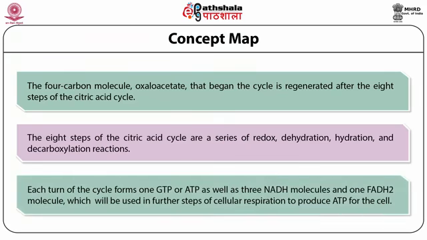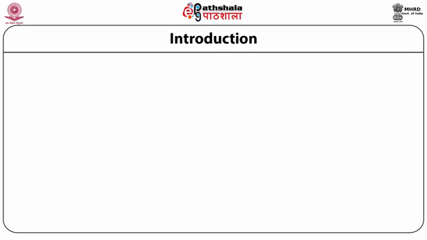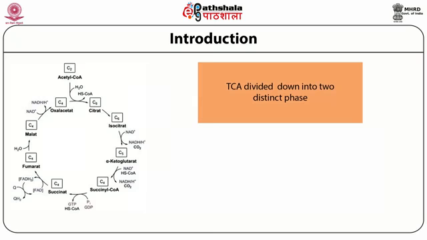Each turn of the cycle forms 1 GTP or ATP as well as 3 NADH molecules and one FADH2 molecule, which will be used in further steps of cellular respiration to produce ATP for the cell. The reactions of the citric acid cycle can be divided into two distinct phases.